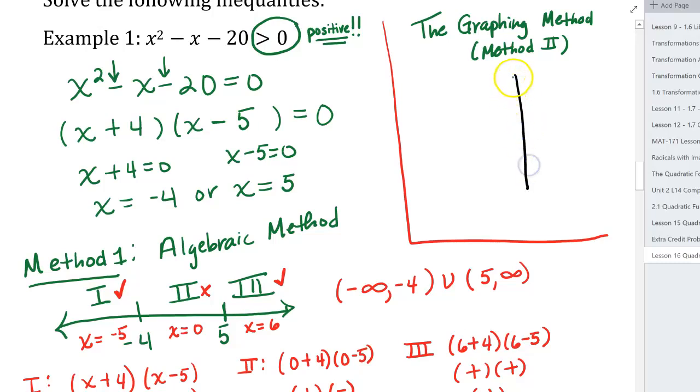So I'm just going to put my coordinate plane here. And -4 and 5 are on the graph of the parabola. Remember that when you find the values that make the expression equal to 0, then not only are these the solutions, but they're also the x-intercepts.